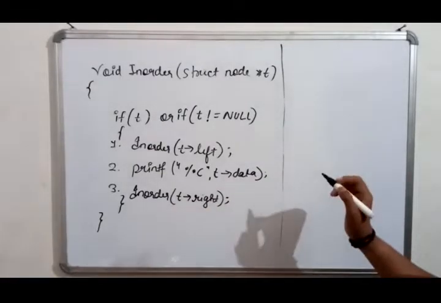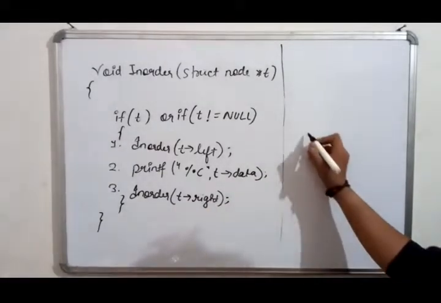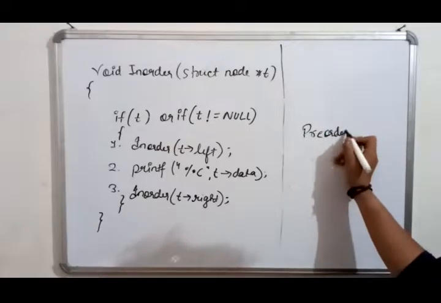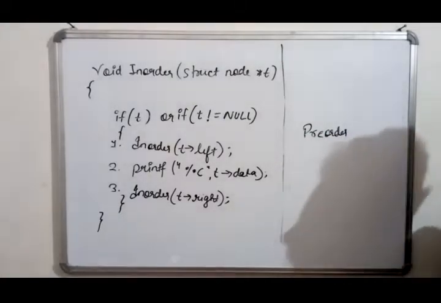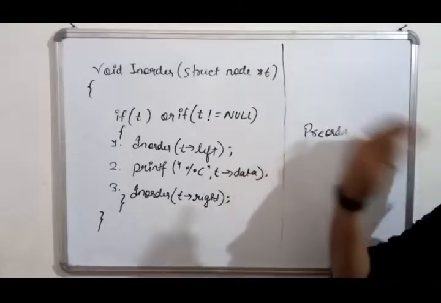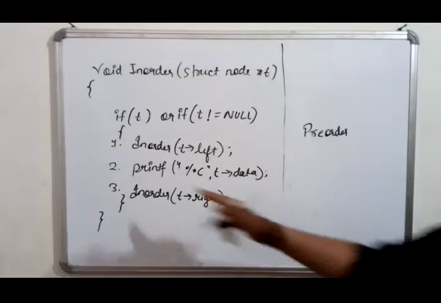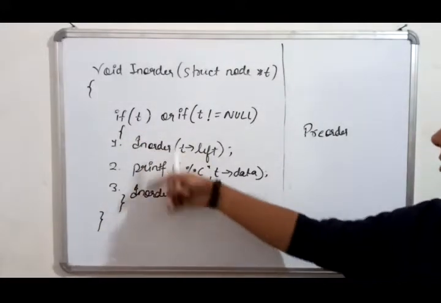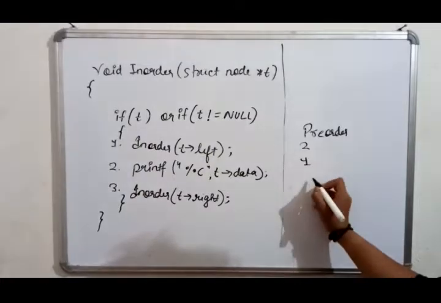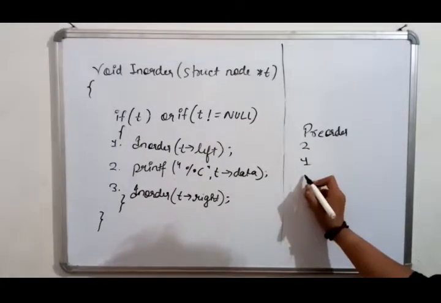First, let's talk about preorder. What was the syntax of preorder? First print the root, then the left subchild, then the right subchild. So we will arrange the instructions in the order 2, 1 and 3.